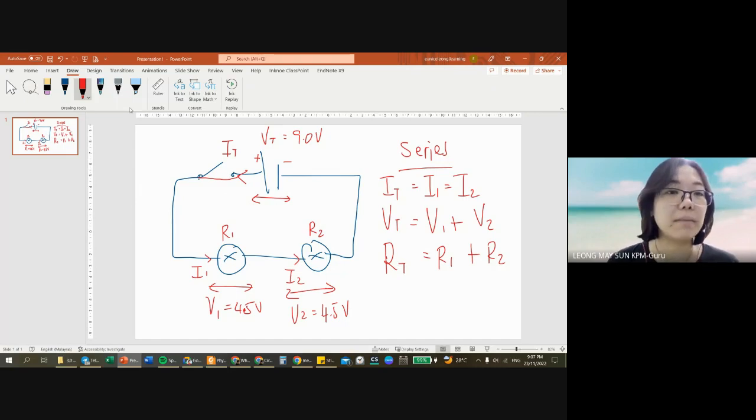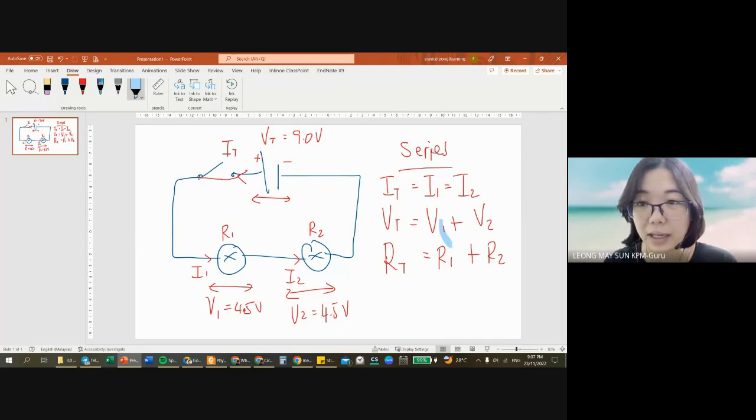So how do I memorize here? Because potential difference and resistor, they are both sum. So how I memorize is looking at the series word. In series, there's a spelling of I here. So I is current.